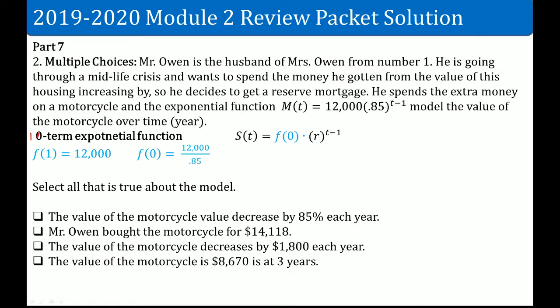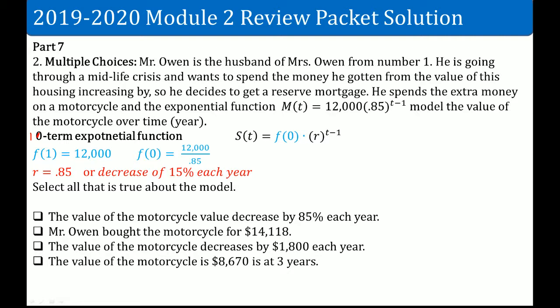Okay, so f of 1 equals 12,000, and f of 0, if you ever want the f of 0, it is the initial, because remember how we go to the next term in the exponential function, we multiply by r. So to go backwards, we divide by r. So that's what I did there. Okay, so the r here is 0.85, or decreasing by 15%. The reason why I got the zero term is to answer one of the questions.